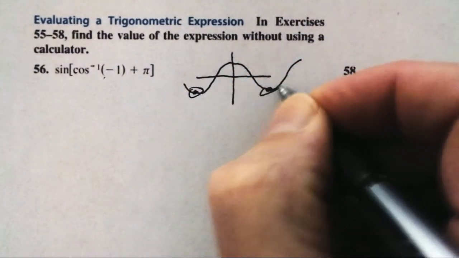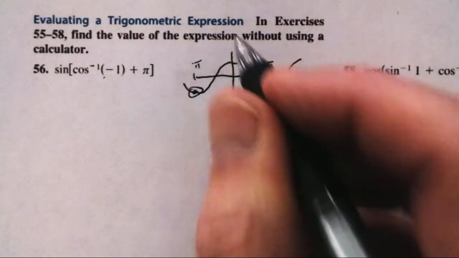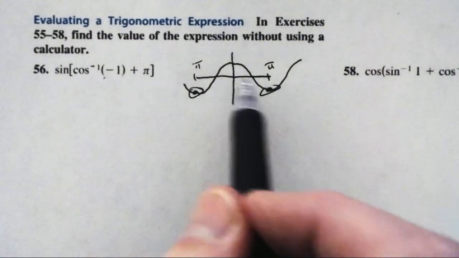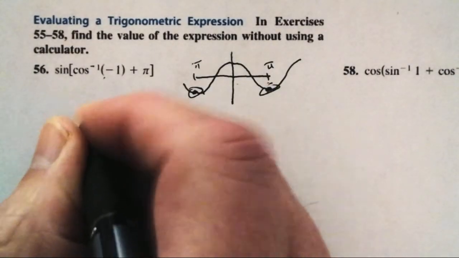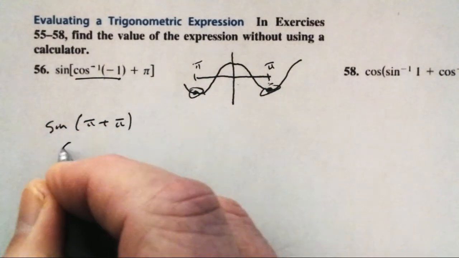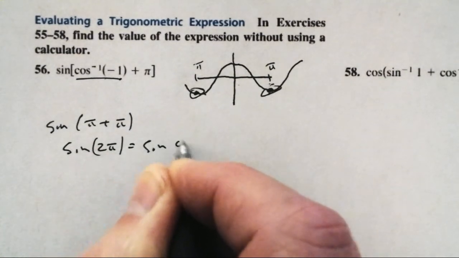And it's -1 here and here. Either pi to the right or pi to the left. Which one should I choose? We go close to 0. There, it's a tie, so we go positive. So this is sine of, see, this is a known value. Pi plus pi, that's sine of 2 pi, which of course is equal to sine of 0.